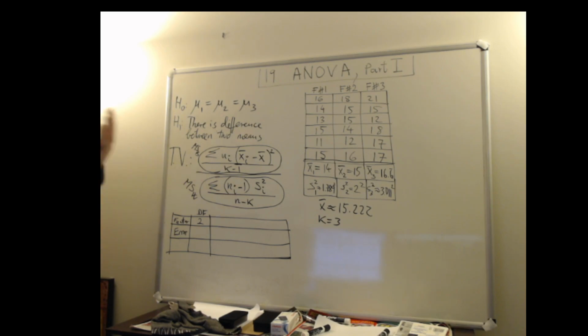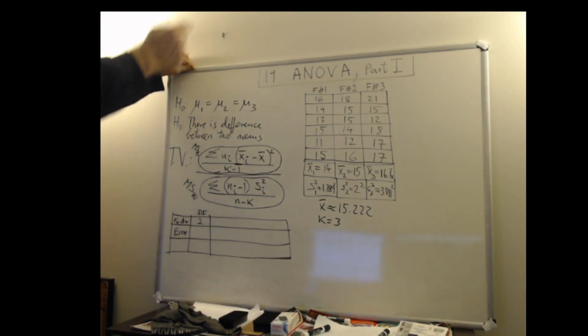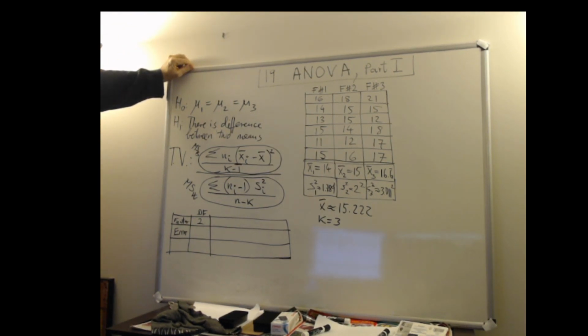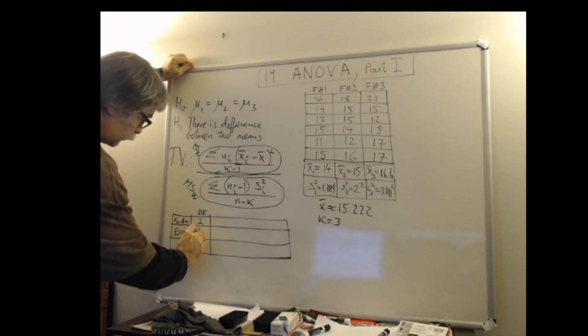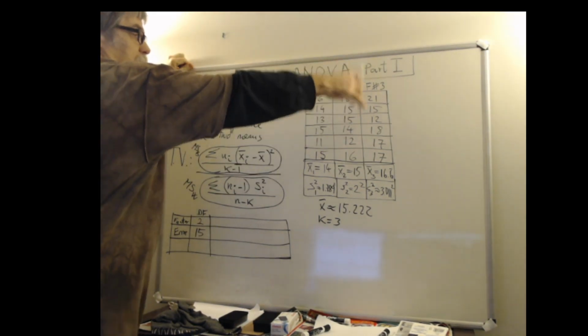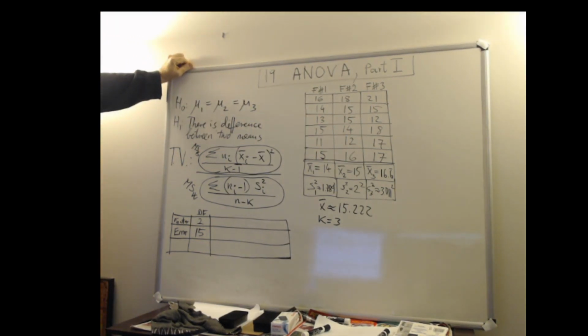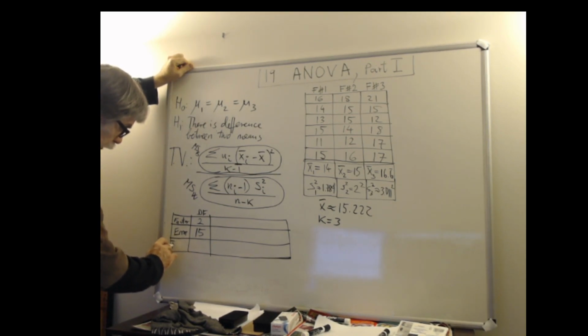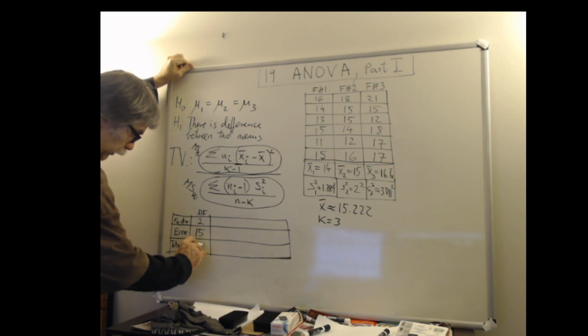So that's natural variability. We call it error. It's not an error, it's just a natural thing. So we have 15 degrees of freedom. Again, we are pooling 5, 5, 5 degrees of freedom, total 15 degrees of freedom. Sometimes we write the total. This is not relevant, but you could do that.